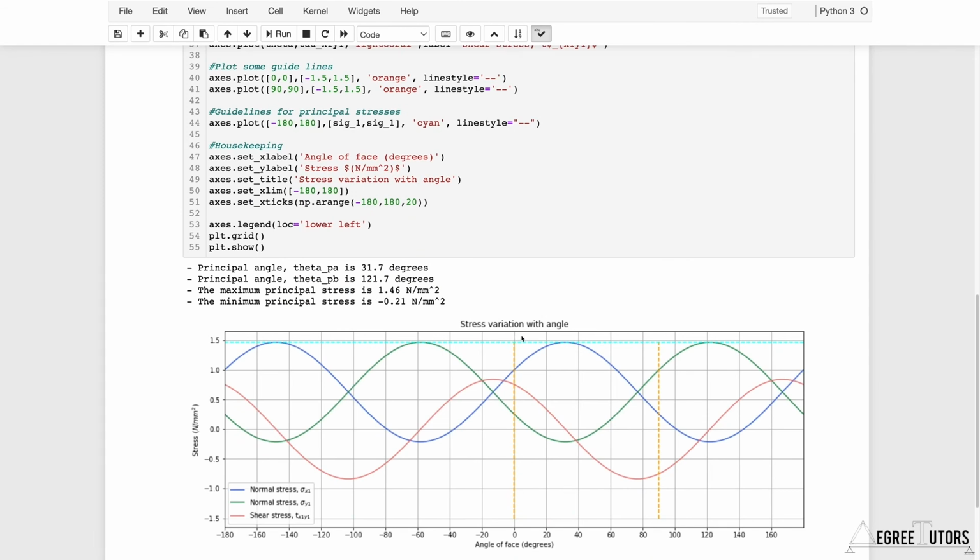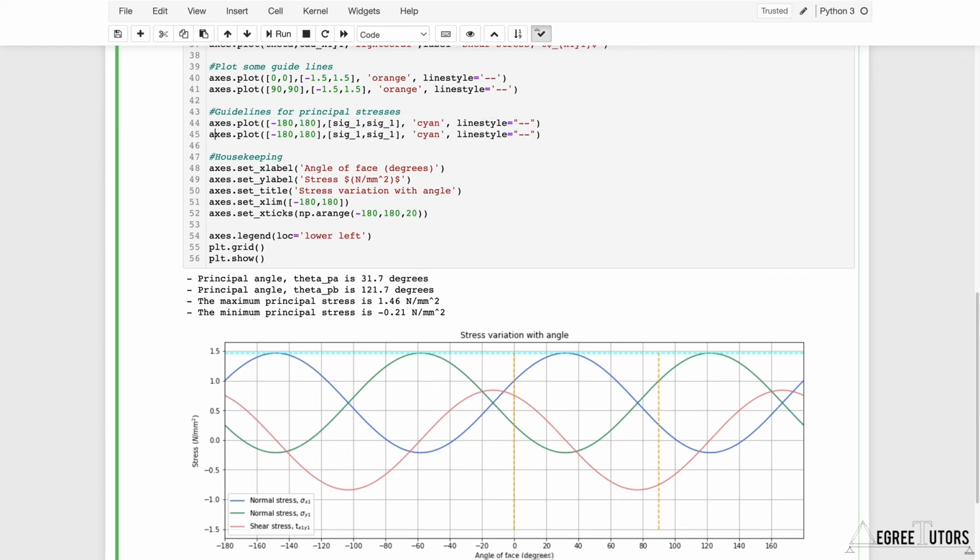And exactly as we'd expect, it is just touching the maximum value of both our blue and our green lines here. But what that horizontal dashed line is, it's a tangent to this blue sine wave at exactly its maximum point, which is the maximum principal stress.